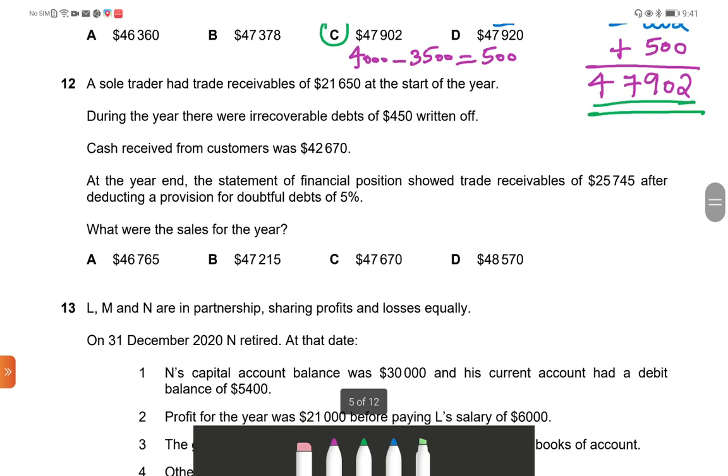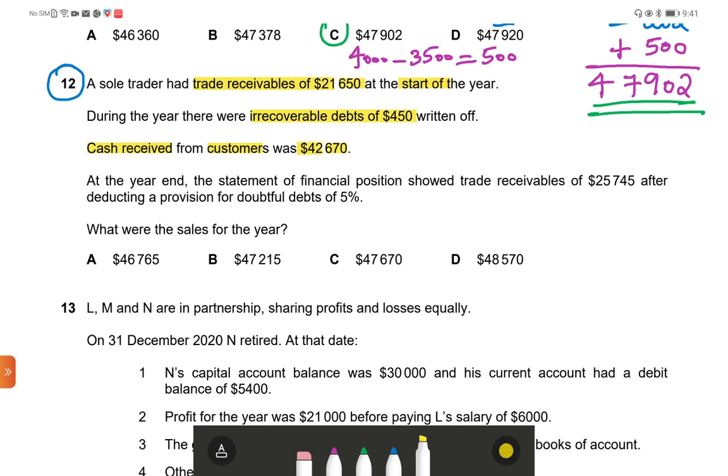Next, question number 12. A sole trader had trade receivables 21,650 at the start of the year. This is the opening trade receivables. During the year, there was irrecoverable debt, bad debt 450, cash received from customers 42,670.